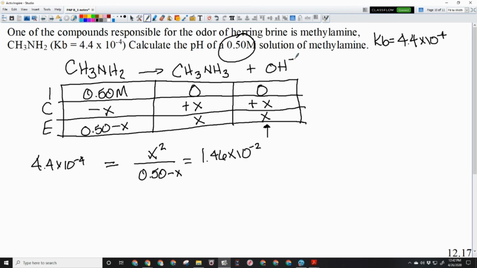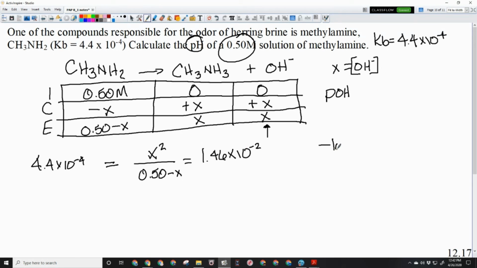All right, x is the OH concentration. So what is it telling us to solve here? Calculate the pH. That's the only thing we need to do. So if we have the OH, we can calculate the pOH, and if we have pOH, we can calculate pH. The OH concentration is 1.46 times 10 to the negative 2.